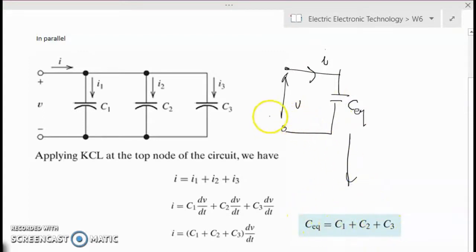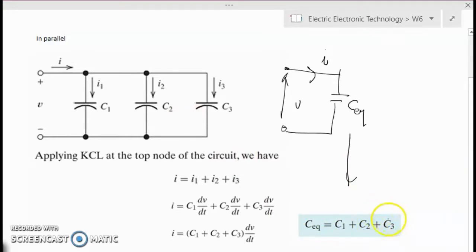A remark is that if we compare it to the equivalent resistance, it is basically the opposite. For resistors in parallel, it is not the sum, it is equal to 1 over the sum of 1 over the resistances. But for capacitors in parallel, it is as if it is equal to the calculation of resistances in series.